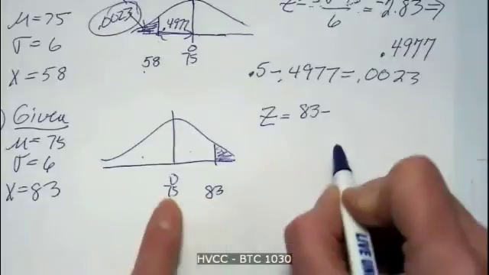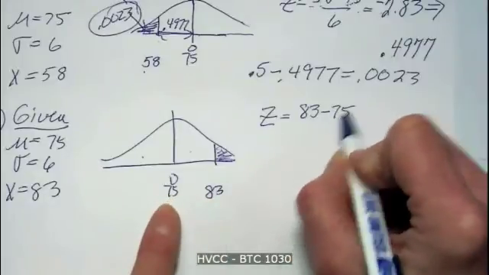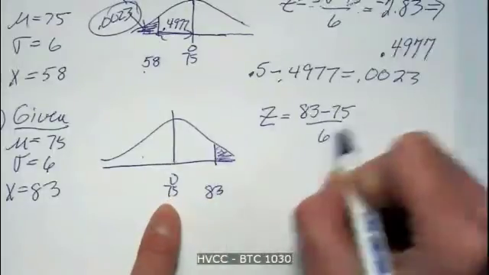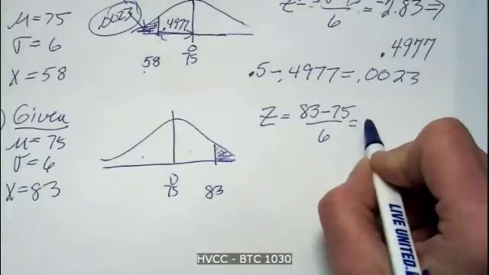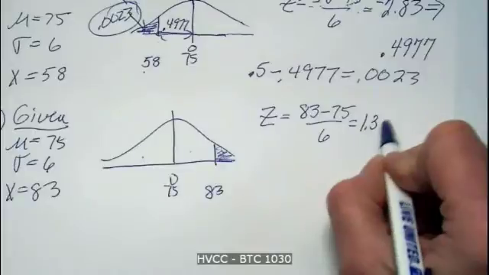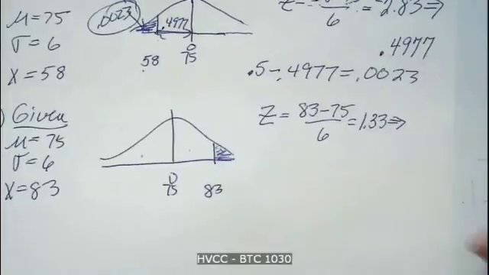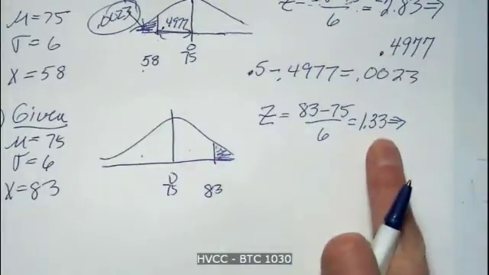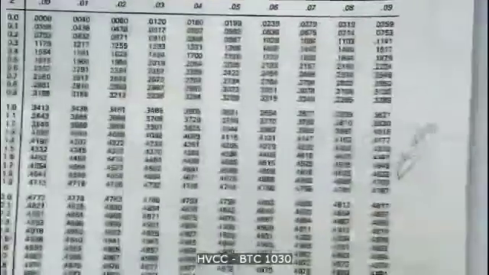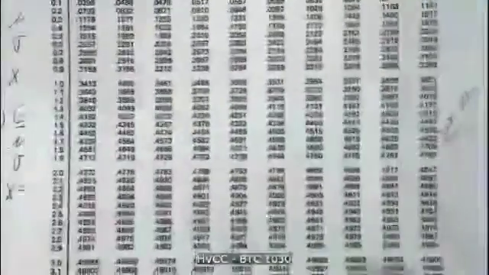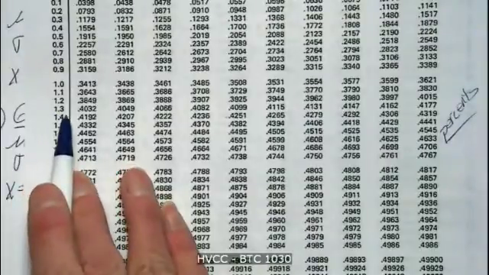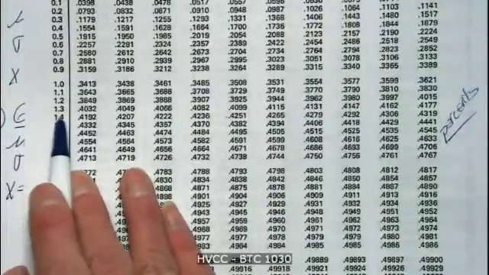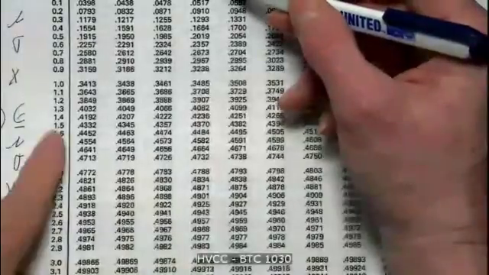So let's calculate my Z. 83 minus the population mean, 75, divided by standard deviation. And I get 1.33 is my Z. Let's look that up in the table. 1.33. 1.3, and then here's 3.